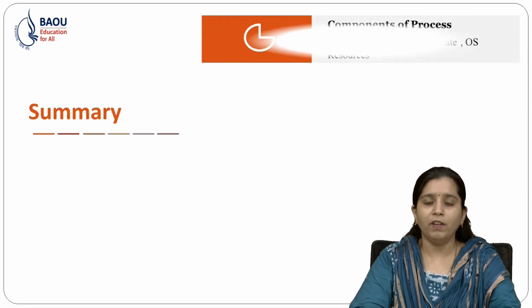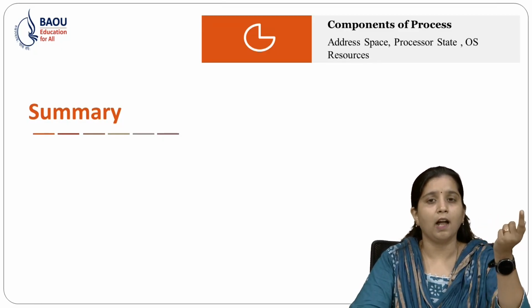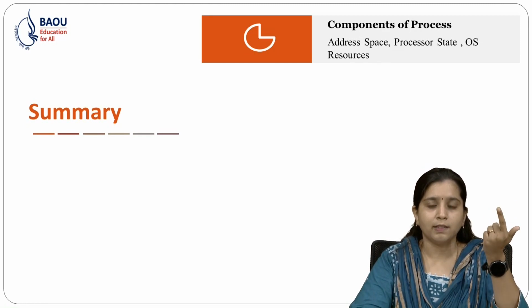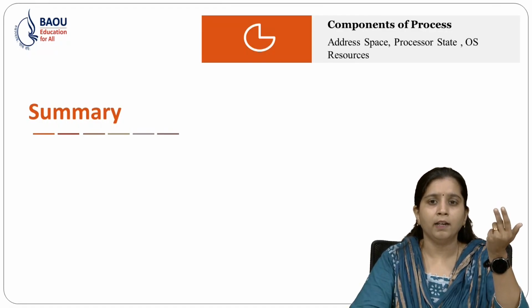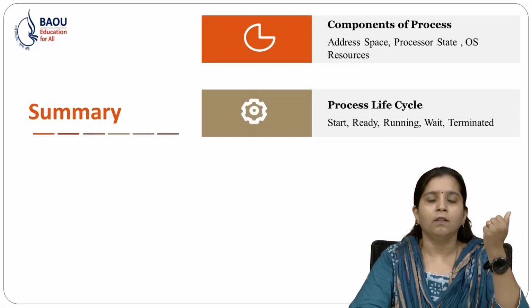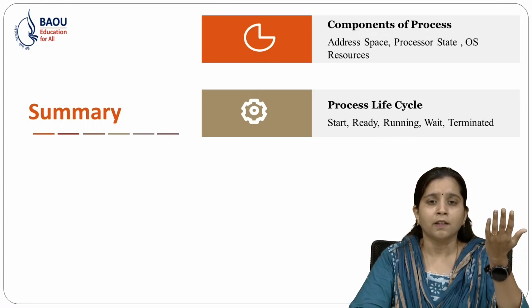Summary. What we have learned in this lecture series, first, is the components of a process. There are three different components of a process: address space, process states, and OS resources. In address space, we learn about text segment, heap segment, data segment, etc. Process life cycle. In the process life cycle, we learn about the start state. Ready state means the process is ready for the scheduler.